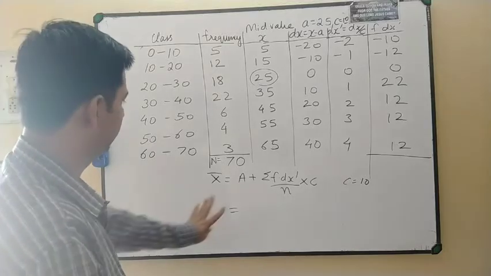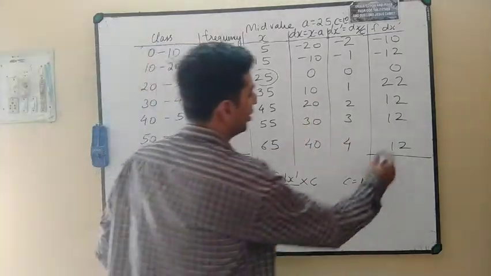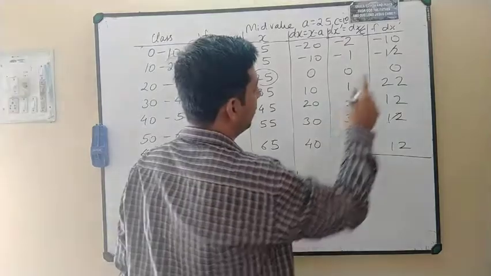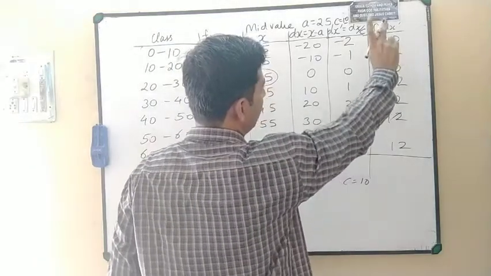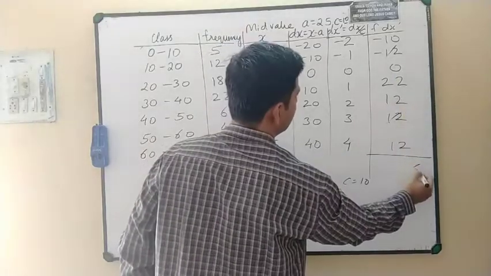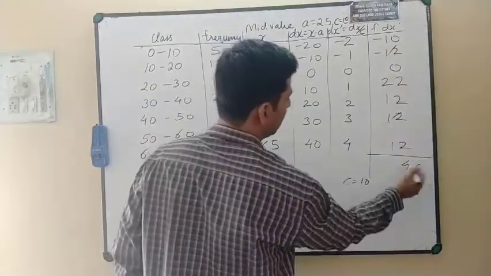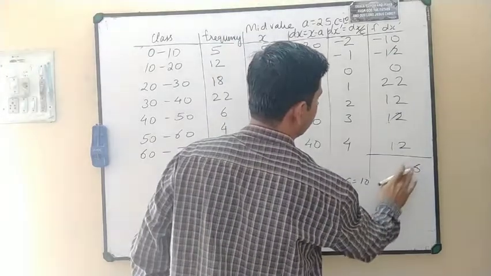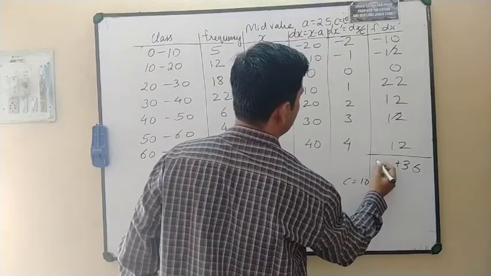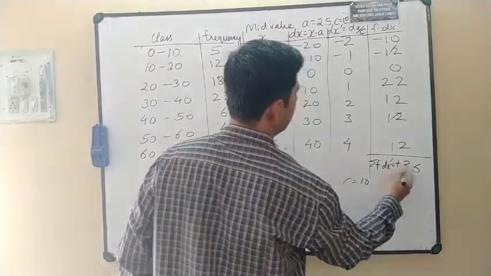Now let's solve it. We got this value. We need to calculate this as well. Only one value is remaining, so let's do the total for this. This will be 46, minus 10, so this will be 36. So plus 36 it is going to be. What is this? The total of f into dx dash. So it is plus 36.